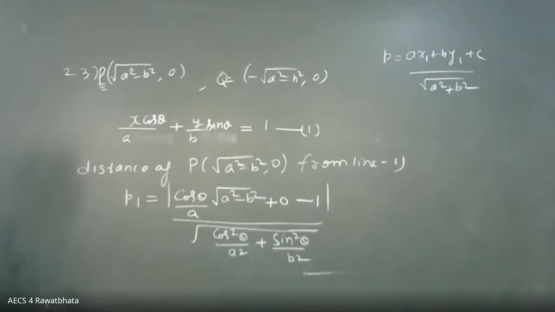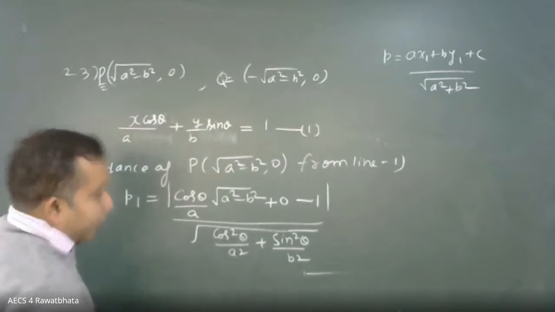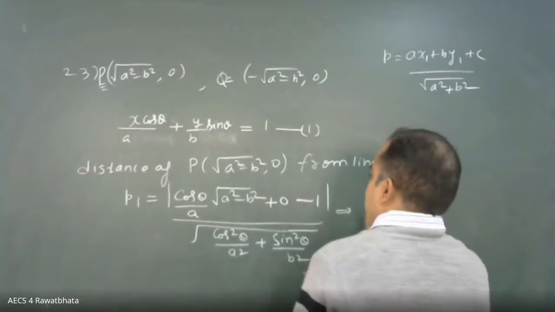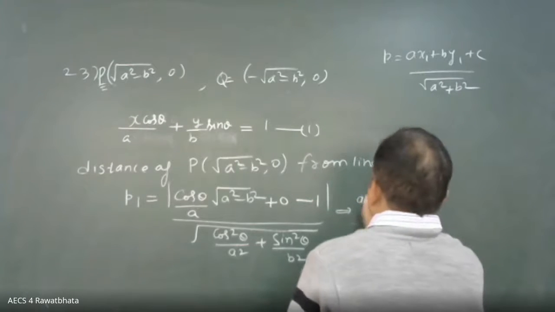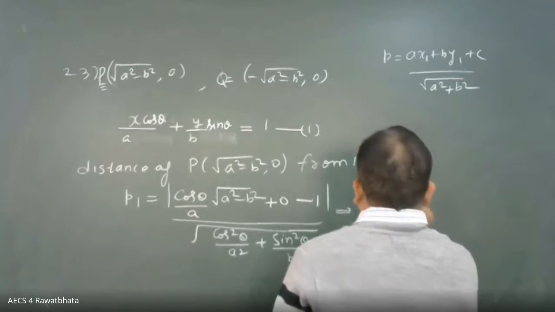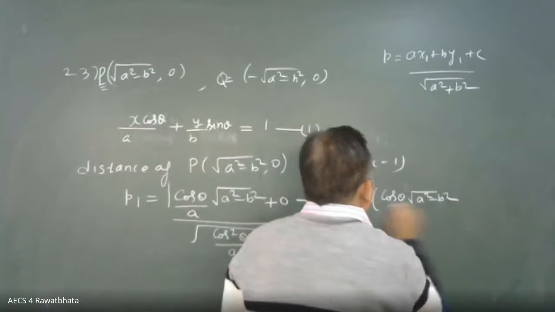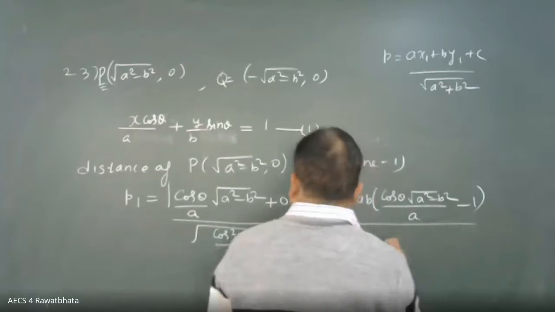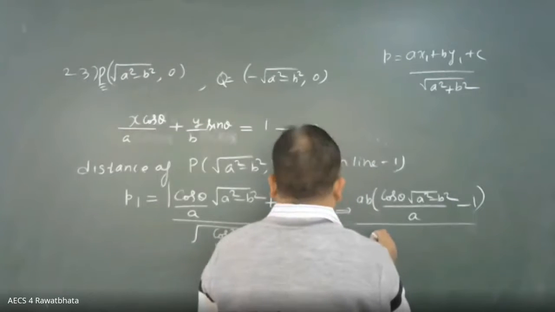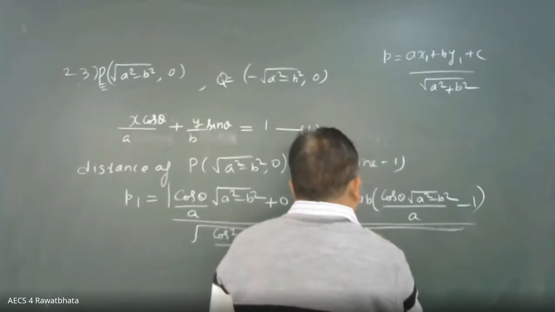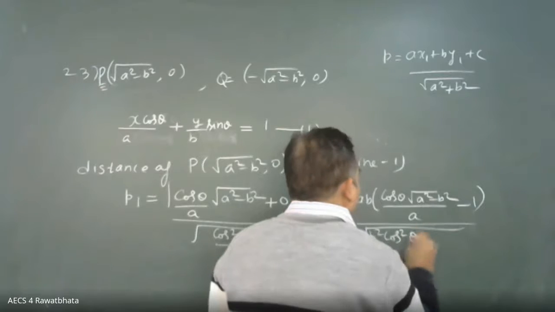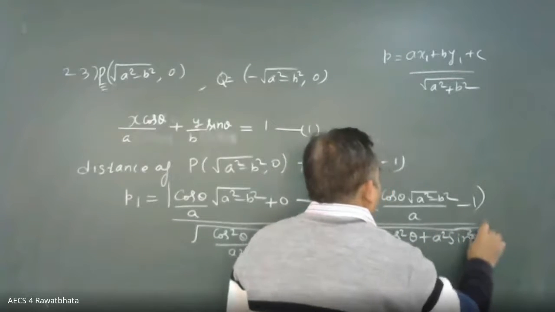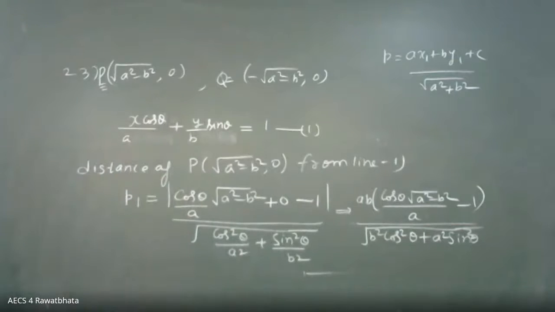Okay, if simplification, then taking LCM here, and this will give me AB will go in numerator. So AB multiplied with cos theta root a square minus b square upon a minus 1, whole magnitude is there. Then root of b square cos square theta plus a square sin square theta. Okay, this is.